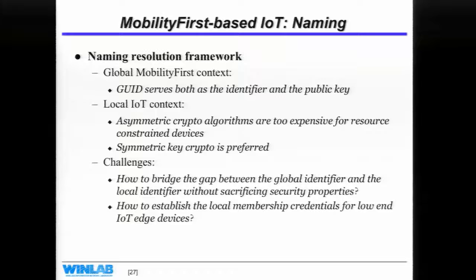As we have discussed previously, the GeoID serves as the network object identifier as well as the public key. That means it involves asymmetric crypto computations, which are too expensive for many low-end IoT devices. Therefore, in the local IoT system, symmetric crypto algorithms are preferred.